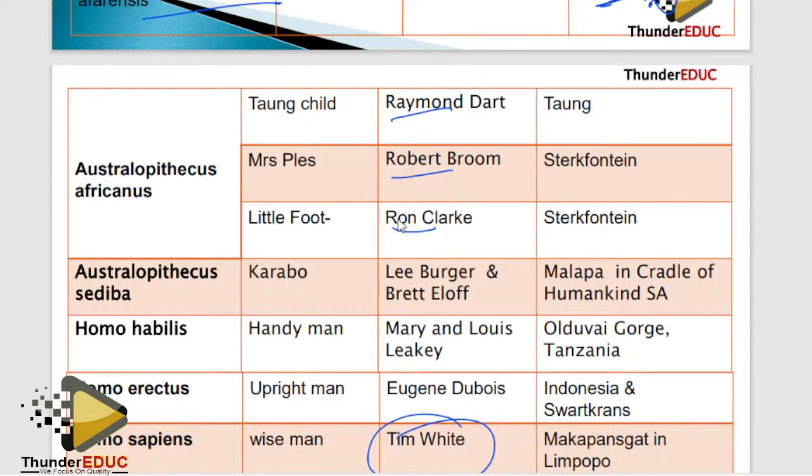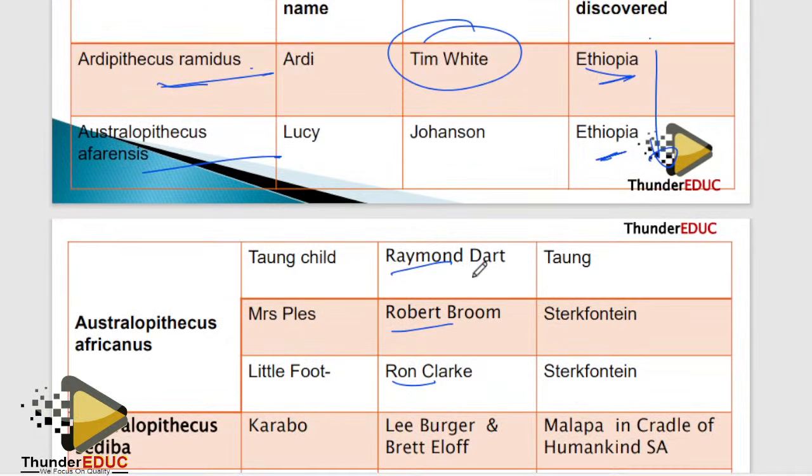So they cannot ask you Taung Child, Little Foot, Mrs. Ples, and then you start thinking about Lady Grey. All of them start with R. Is it clear? Yes. Taung Child, Raymond Dart. It has the A. Is it clear? Yes.